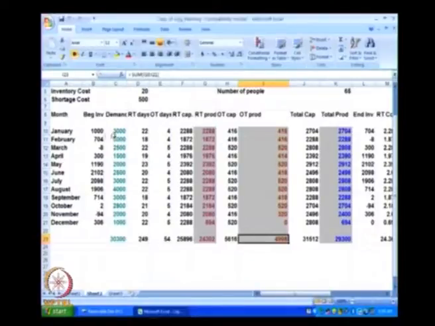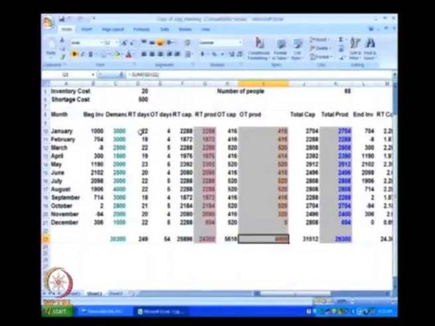The demand for 12 months is given as 3000, 3000, 2500 and so on. We also said that there are some regular time days of production available, which are 22, 18, 22 and so on in the 12 months. We also said that the overtime days available are known, which are 4, 4, 5 and so on.